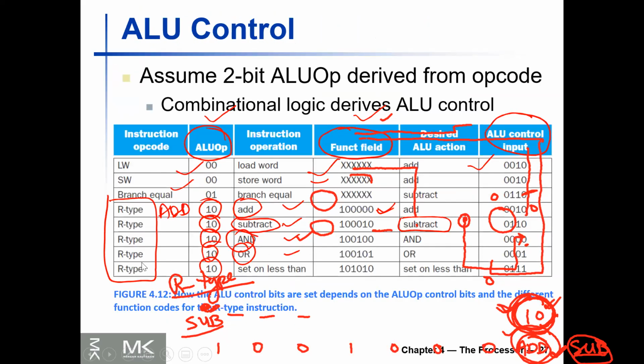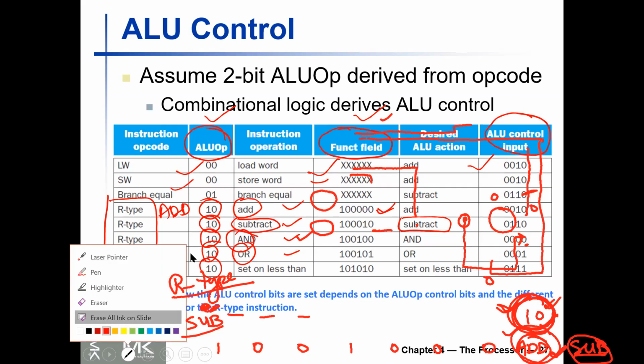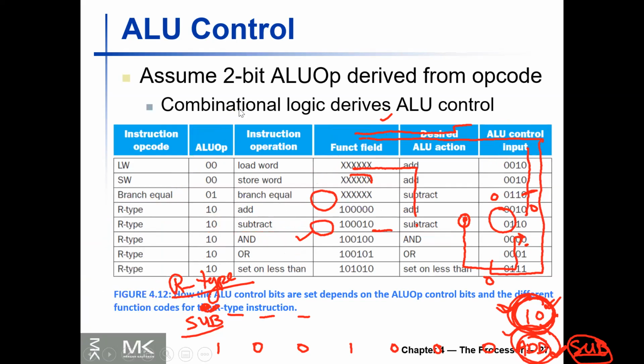Check this. Can you see, for all R type instructions, what is the ALU opcode? 1 0. Clear? Yes, it's clear.